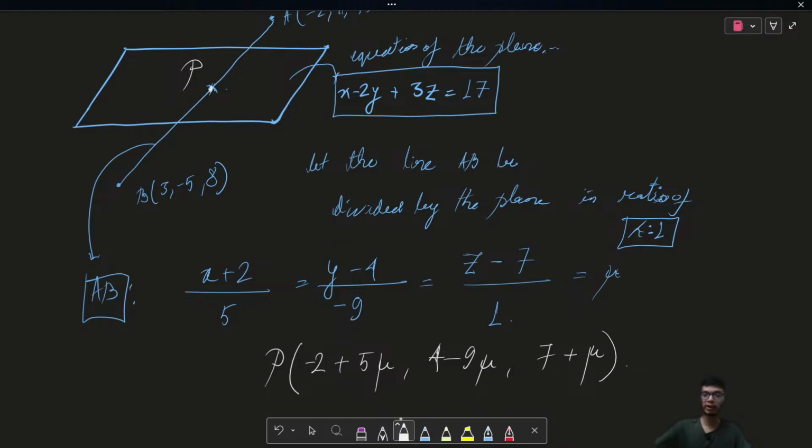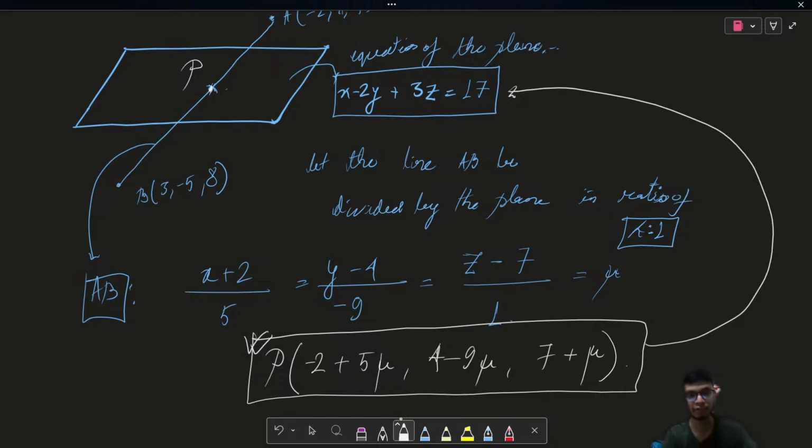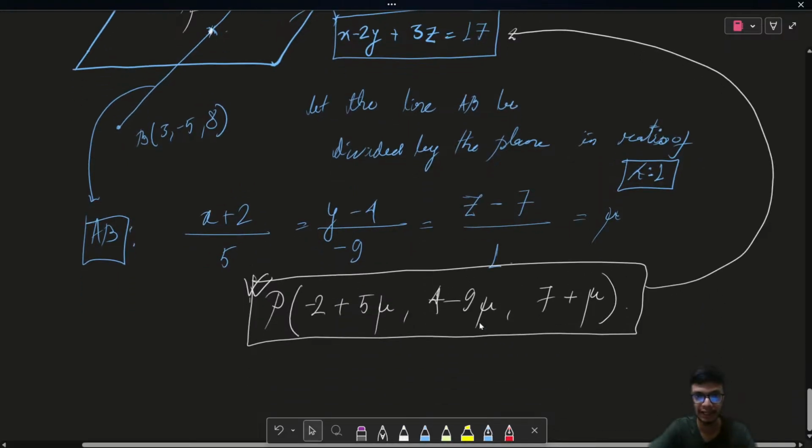All right, so this is my point P. Now once I obtain this point P in terms of mu, I can simply substitute it in the equation of the plane to find out what my point P is. And once I find my point P, I can use the simple section formula to find out the final ratio. So if I carry out a few lines of algebra, the algebra is as follows.